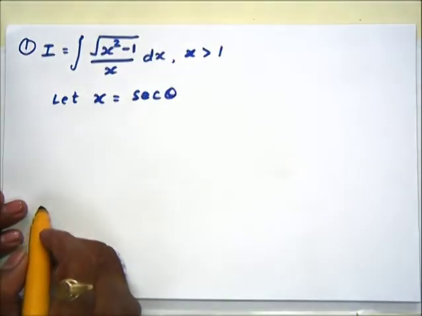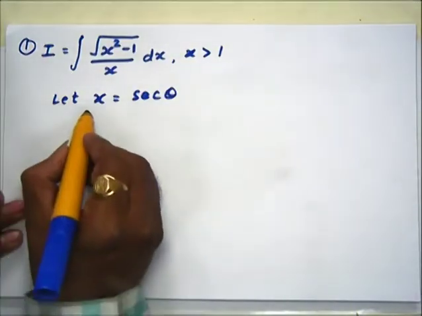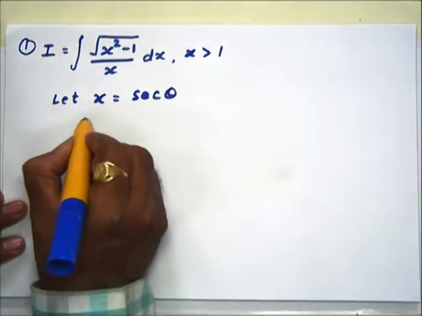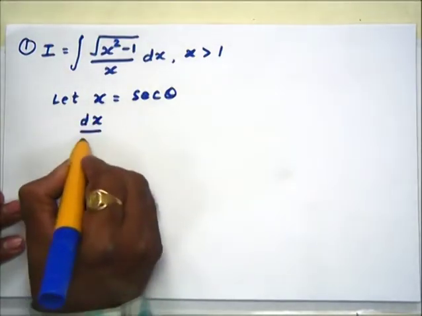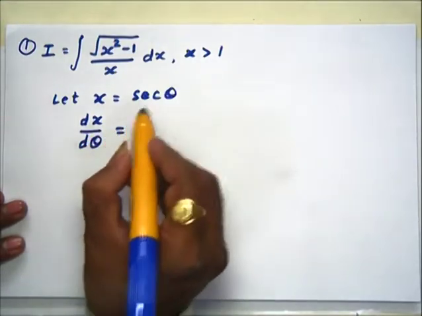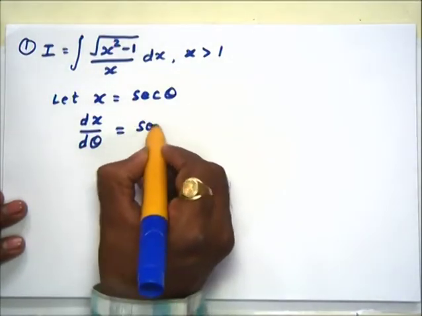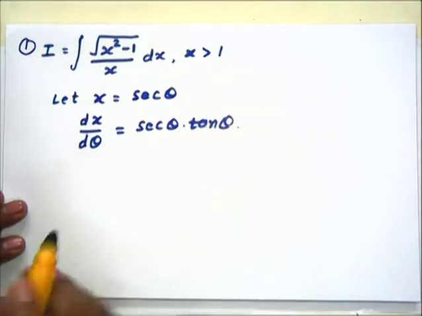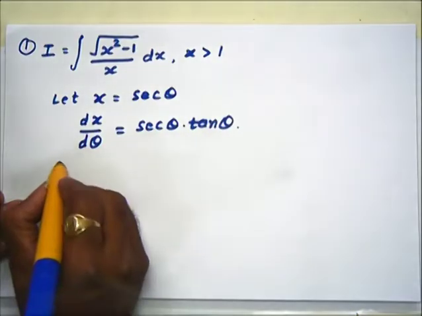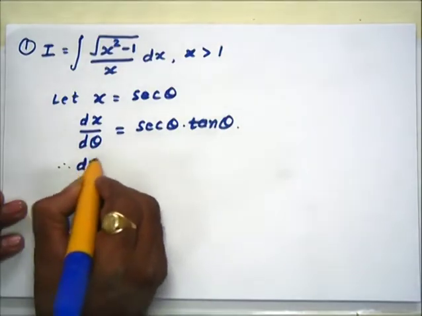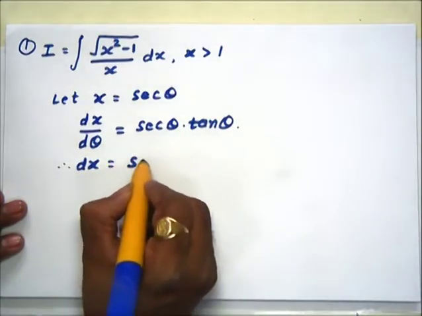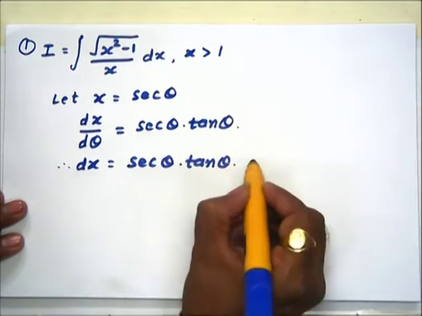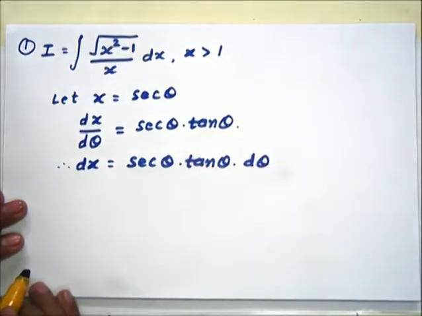Then differentiating x with respect to theta, we get dx by d theta equal to sec theta into tan theta. Therefore dx equals sec theta tan theta d theta.